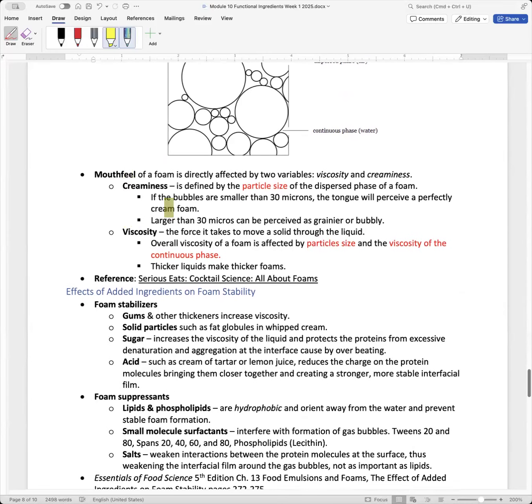For mouthfeel, creaminess depends on particle size, and viscosity depends on the liquid. So if your foam is too runny, if you add a gum to the liquid and then you whip it up, then it'll be more viscous. It won't be as runny.